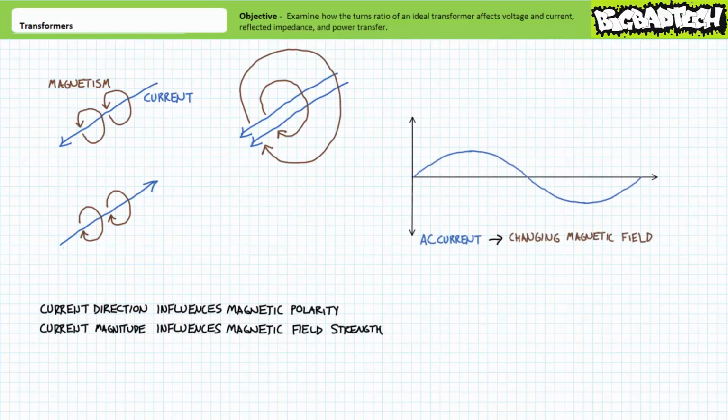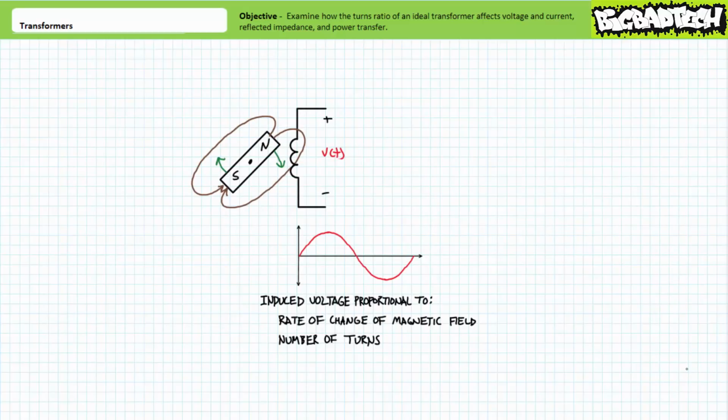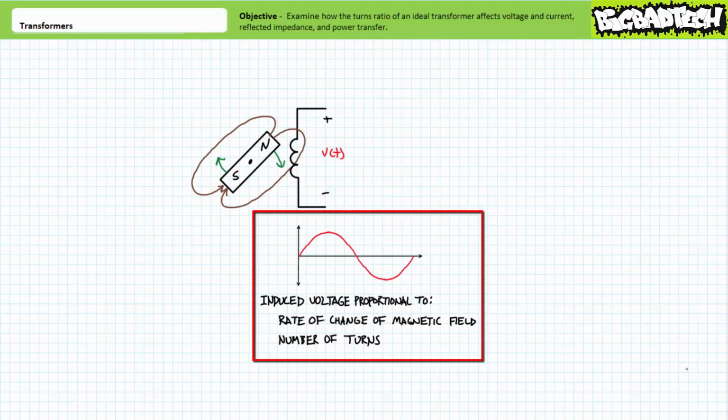Given sinusoidal AC voltage continuously changes magnitude and polarity, it inherently contains a changing magnetic field. The electromagnetic induction process itself demonstrates that a voltage differential will be induced across the terminals of a wire loop placed inside a changing magnetic field, where this induced voltage differential is proportional to the rate of change of the magnetic field and the number of turns in the wire loop.